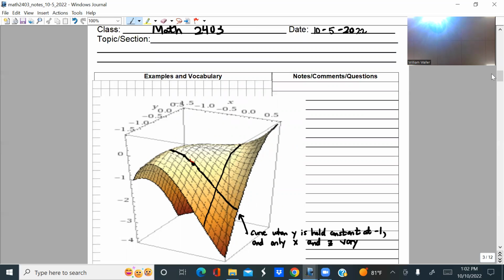Now what we can do is answer questions about this curve using one-dimensional calculus. But since this curve exists on the surface, we'll also be answering questions about the surface as well.